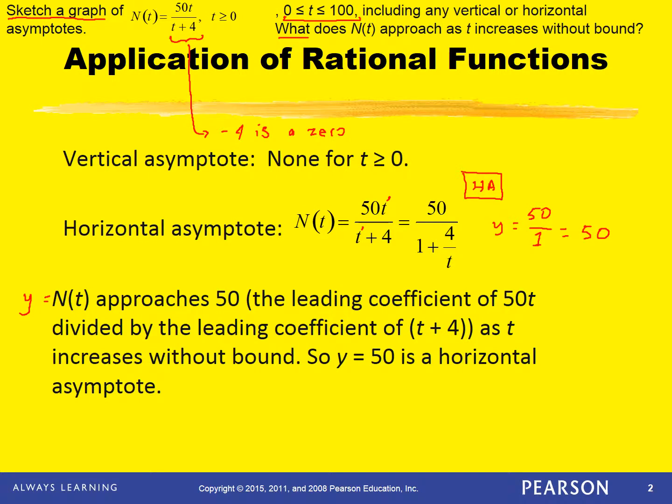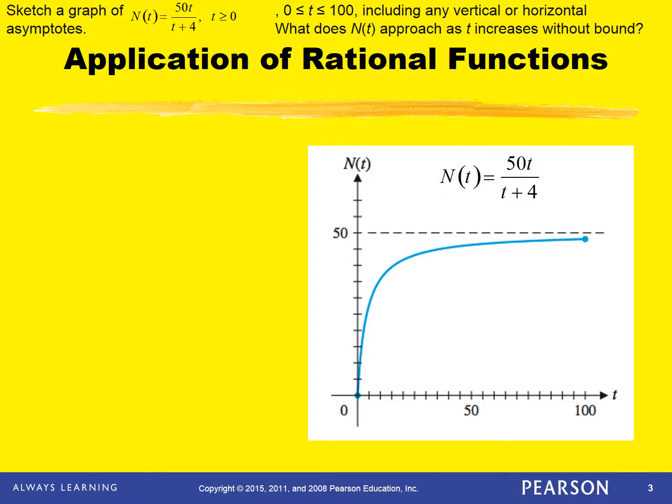So here's our horizontal asymptote. It's a horizontal line 50 units above the t-axis, and the curve approaches that. The curve does include (0, 0), right?